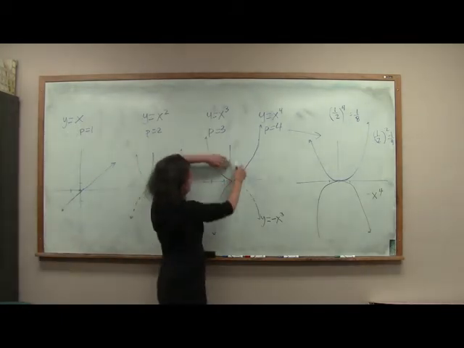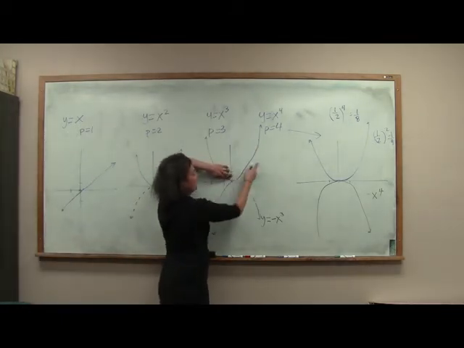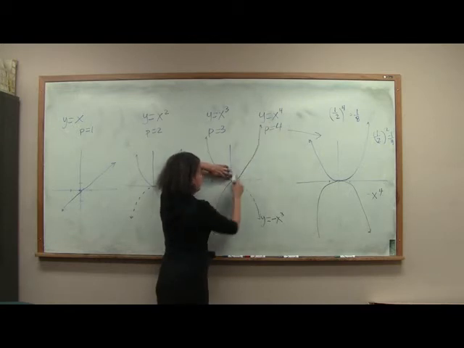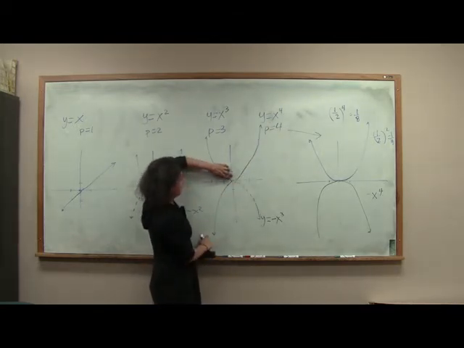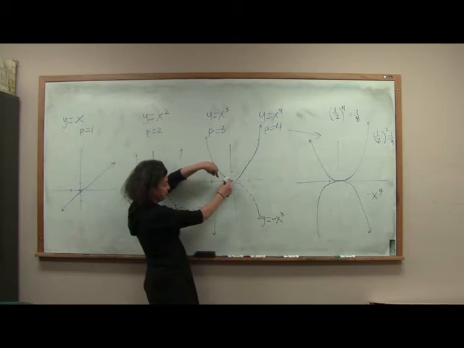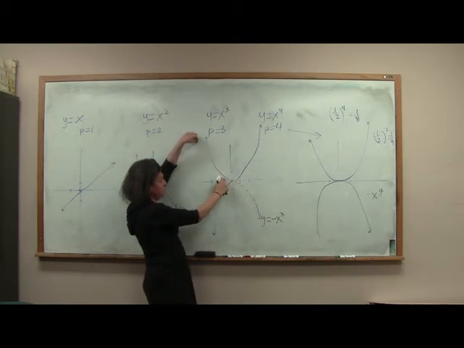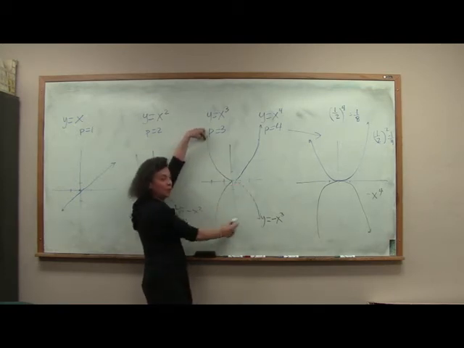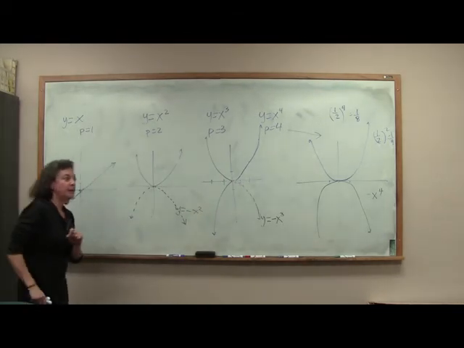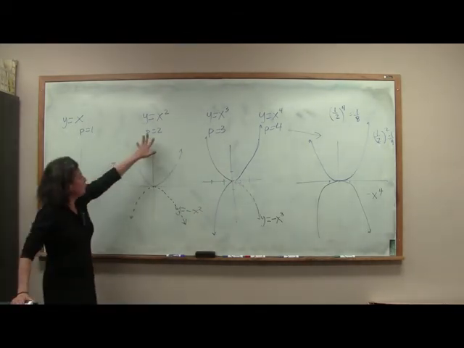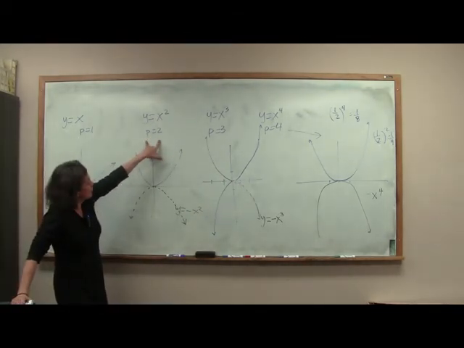Notice with y equals x cubed. As x gets large, it goes up. As x gets small, it goes down. Even if I reflected it, now it bebopped, but still one arm is going up and one arm is going down. Contrast that when we have an even power.